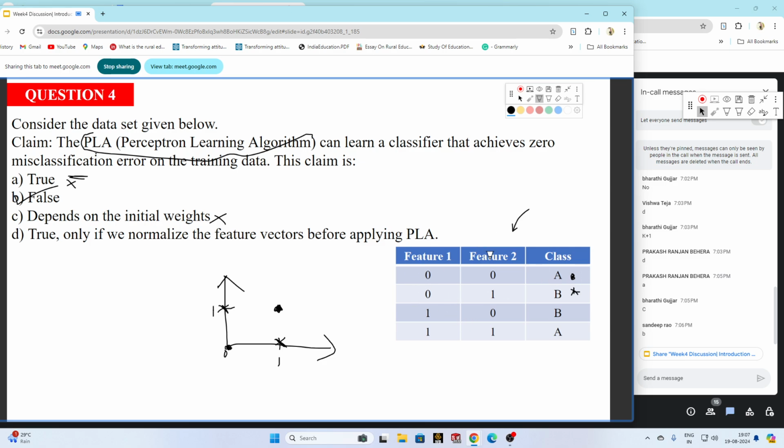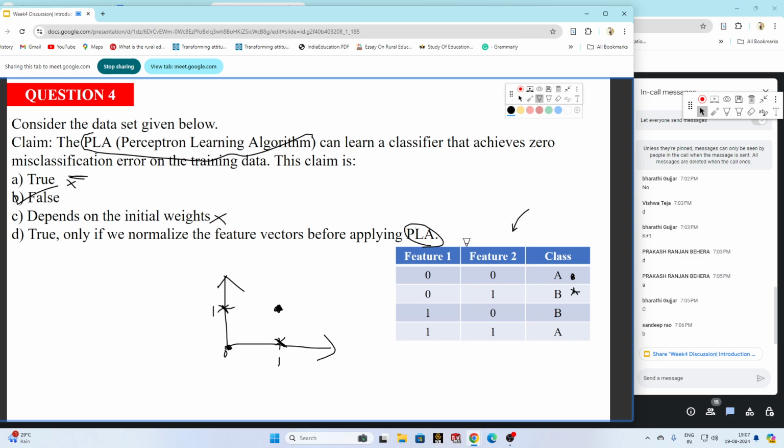Now even if you normalize, PLA means we are reducing the dimension, and even if you normalize it, we cannot separate. Remember, only if we move from lower dimension to higher dimension can we get rid of this linearity problem, as we have seen in SVM.